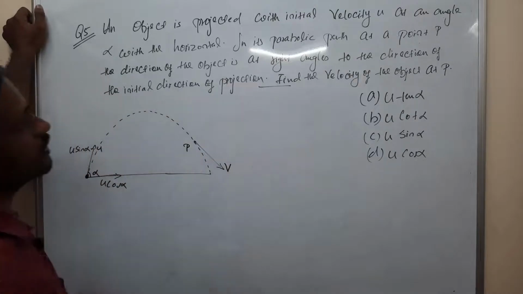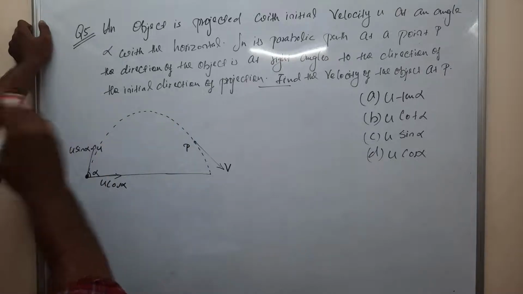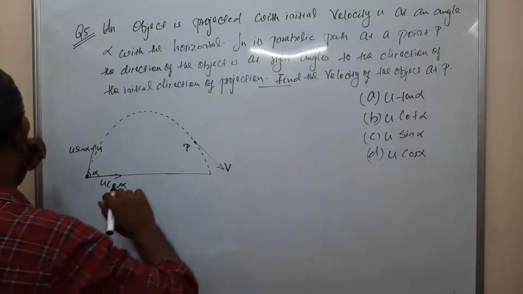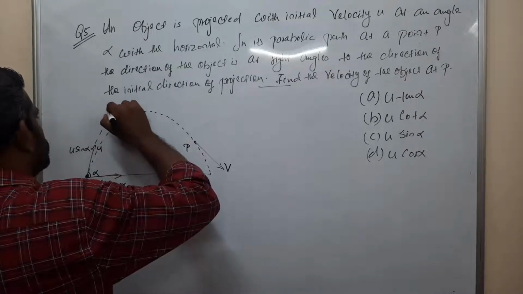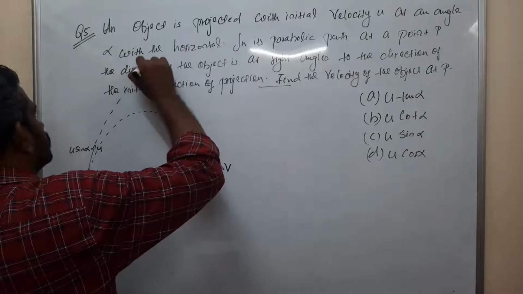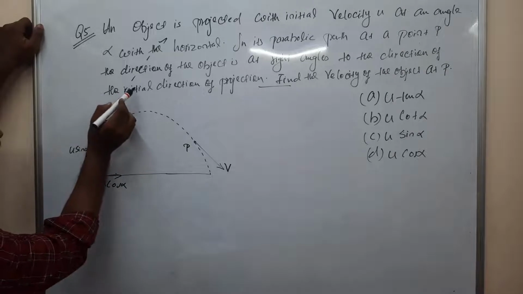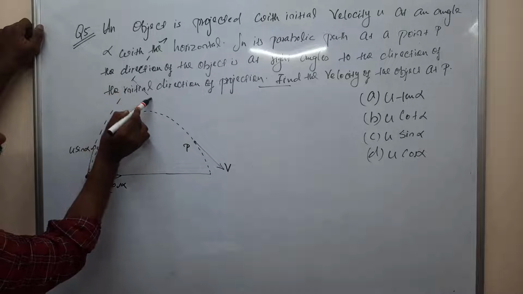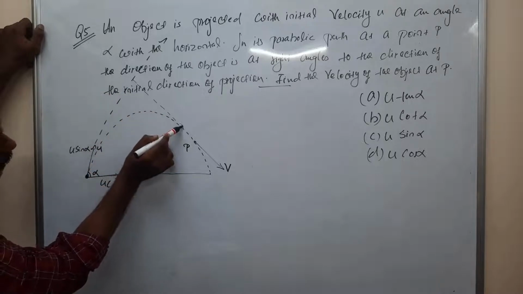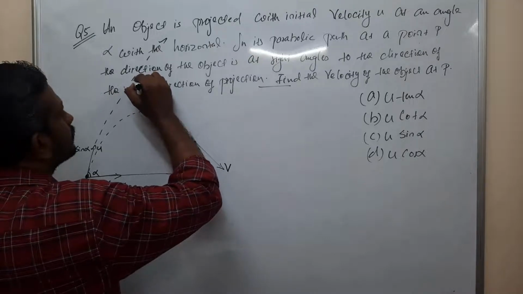So what is given in the question? At a point P, the direction of the object is at right angles to the initial direction of projection. Okay, so this is 90 degree.